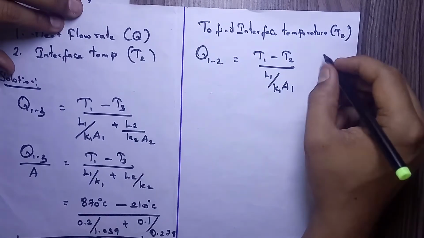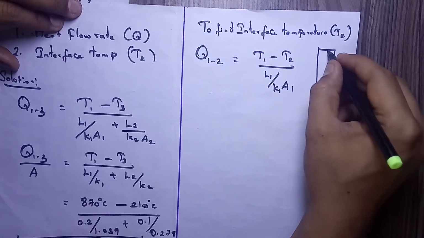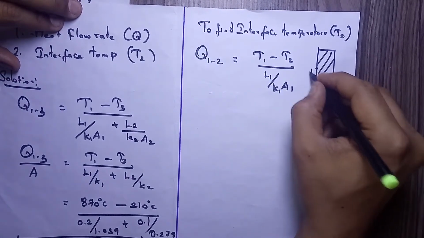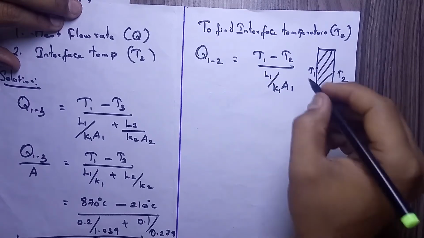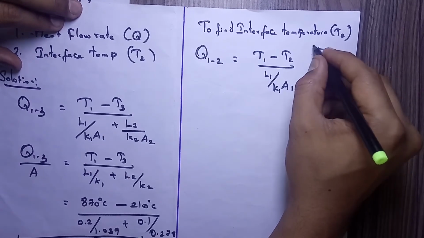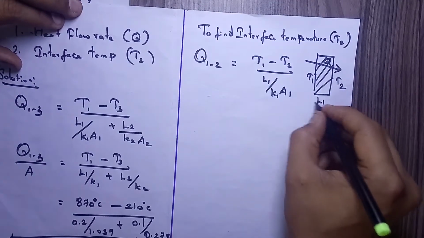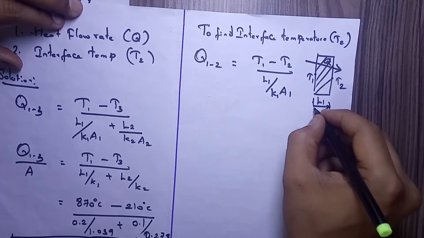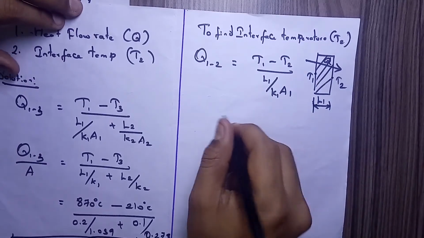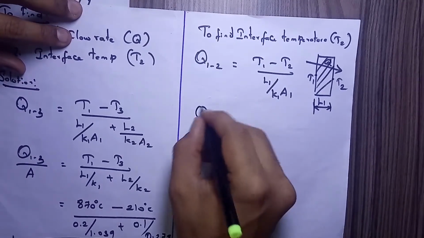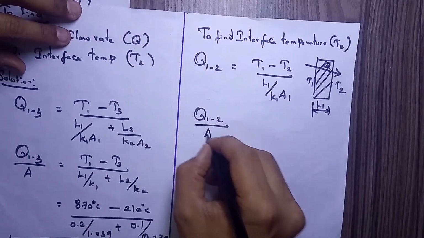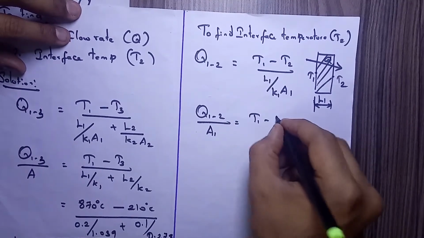Now we are going to check only this area, this brick only, that is T1 and T2. The Q will be the same. Bring this A here.